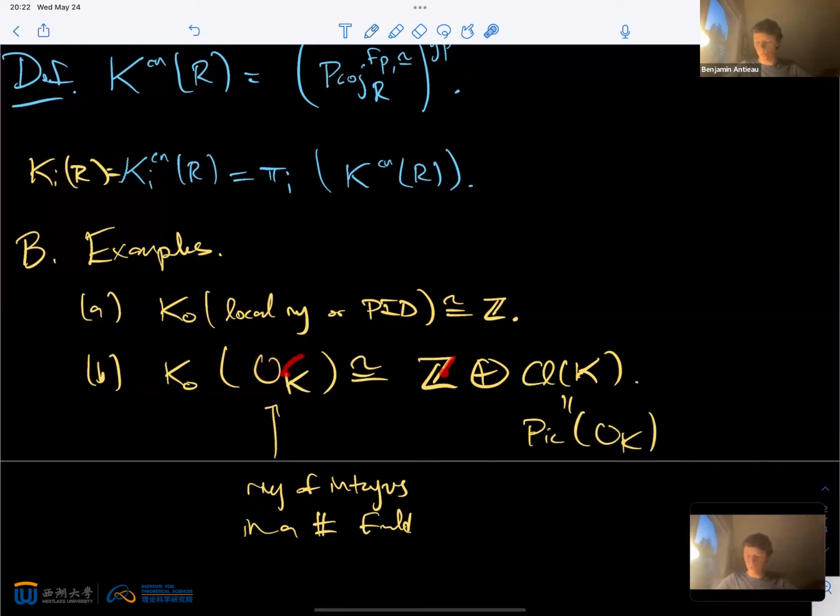Well, it takes the rank and the determinant of a given finite rank projective module. And that turns out to give this isomorphism.